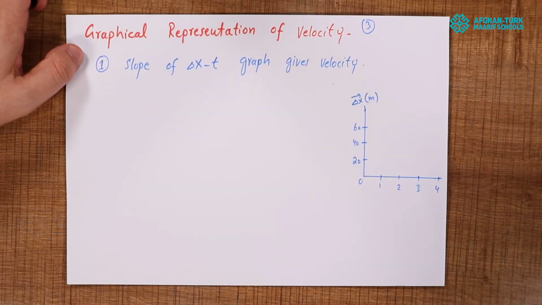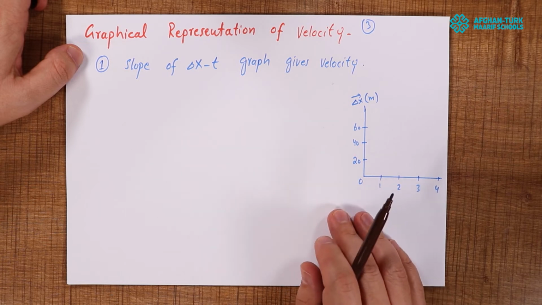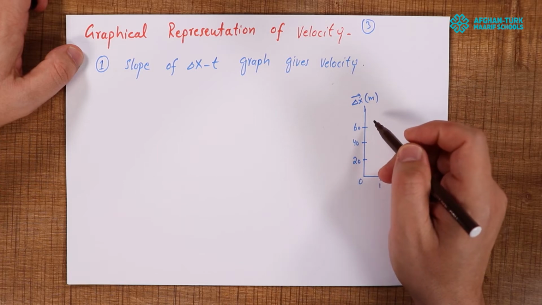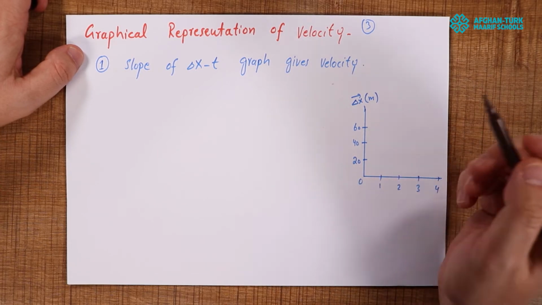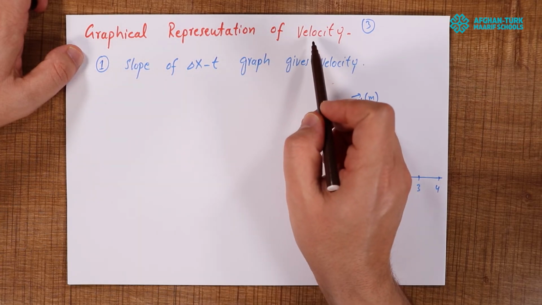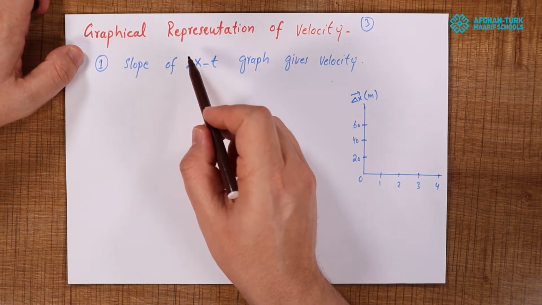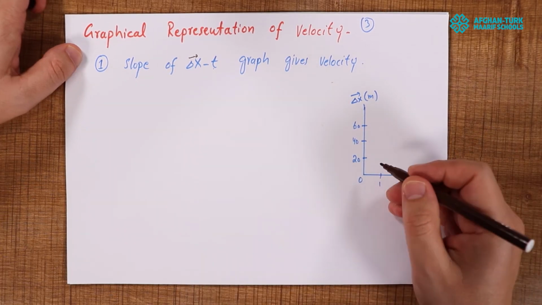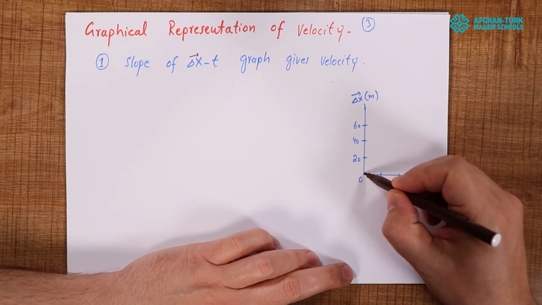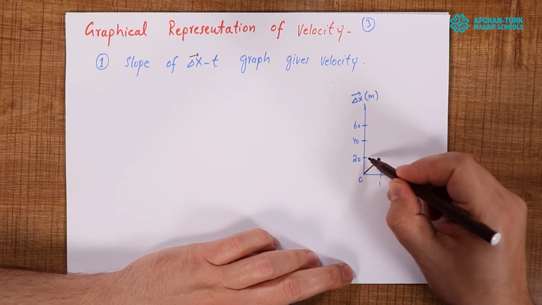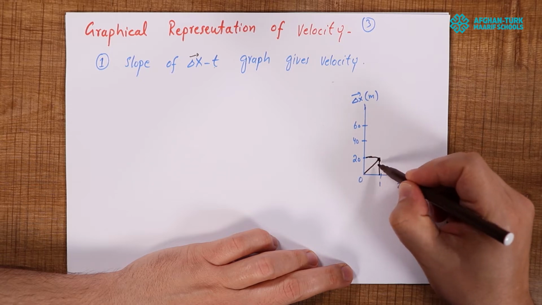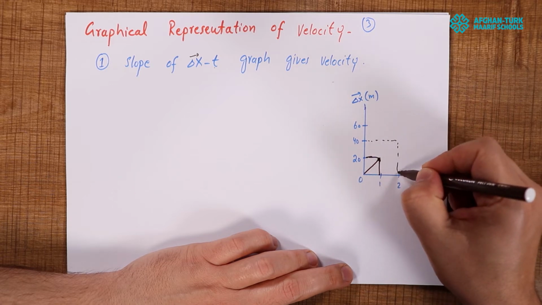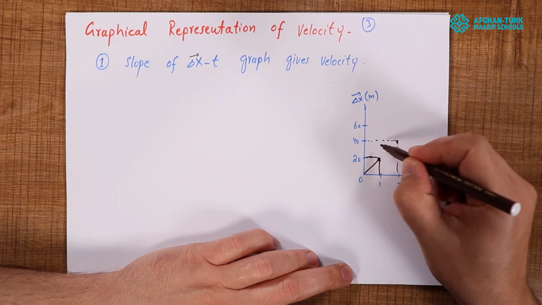So now we are going to the next page and study one example which will clear up velocity, or this is the displacement time graph which gives us velocity. Let's see how. They say graphical representation of velocity, or slope of delta x, meaning displacement time graph, gives us velocity. For example, let's see here. In the first second this object covered 20 meter, and second second it covered 40 meter.